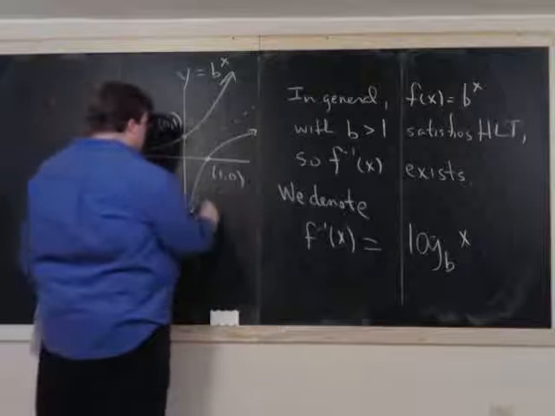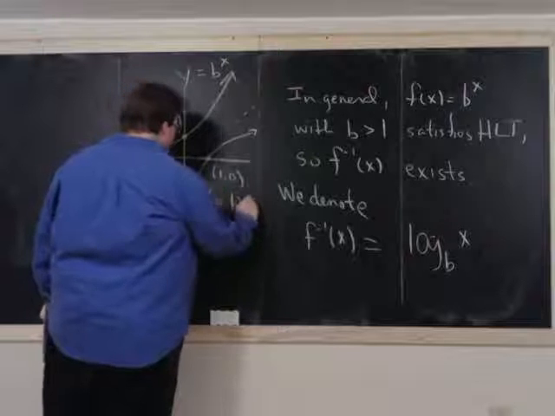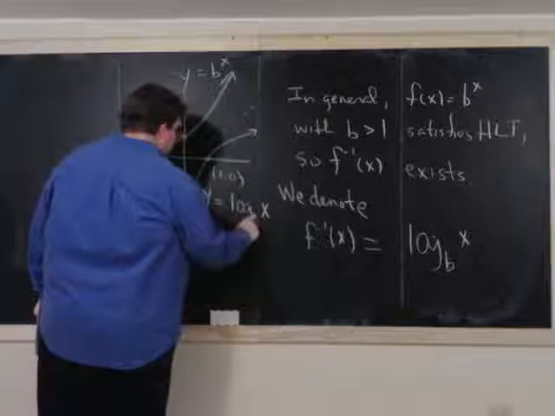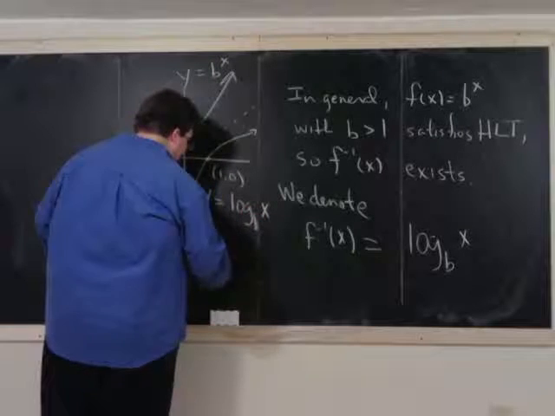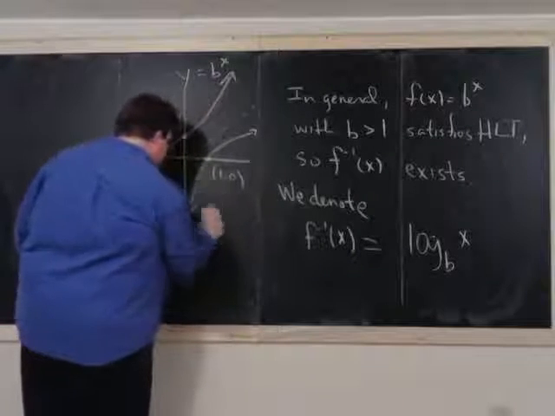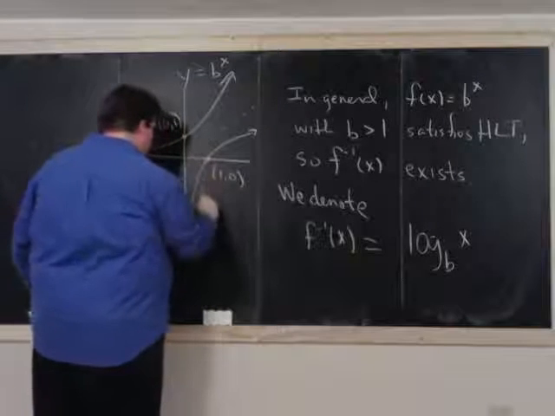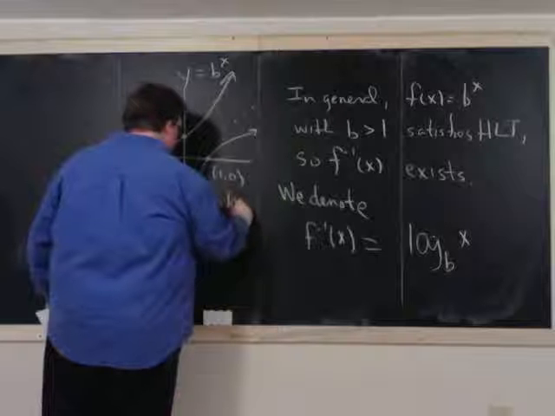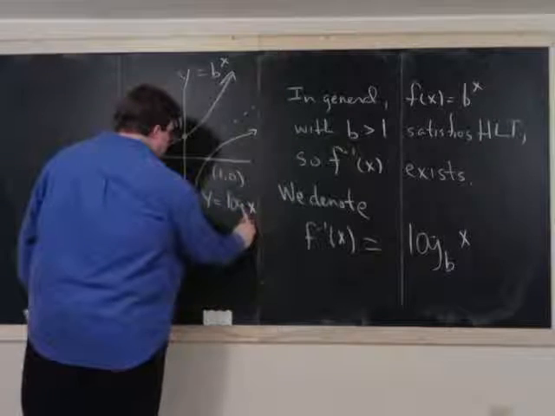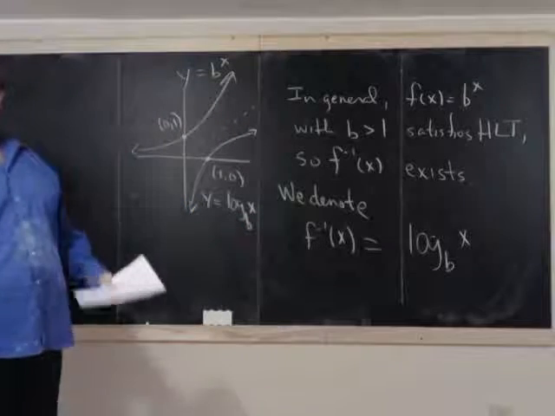And then this right here is the set of points that satisfy y equals log of x with base b. So the logarithm is the inverse of an exponential function.